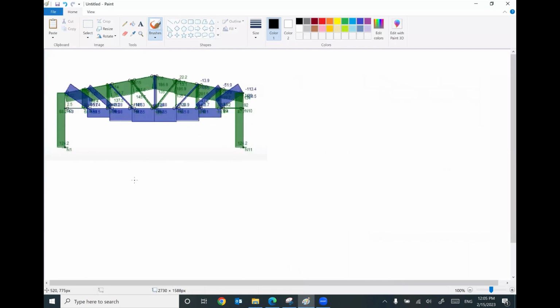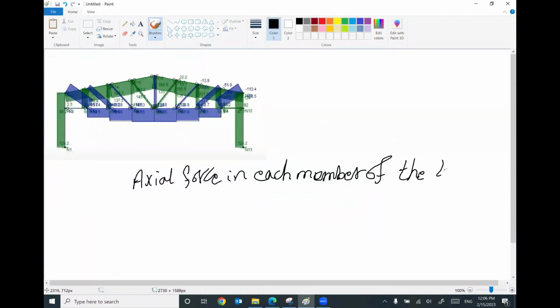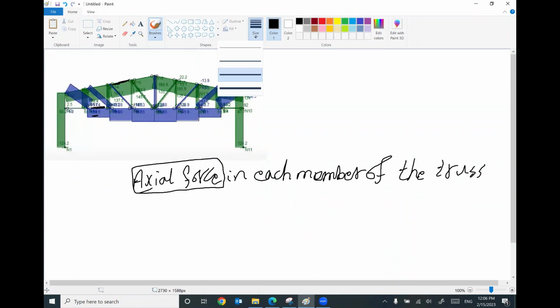So we will have axial force in each member of the truss. For example, if you look to this member, we have axial force 188.5. For example, this member, we will have axial force, this value 189.7, something like this.